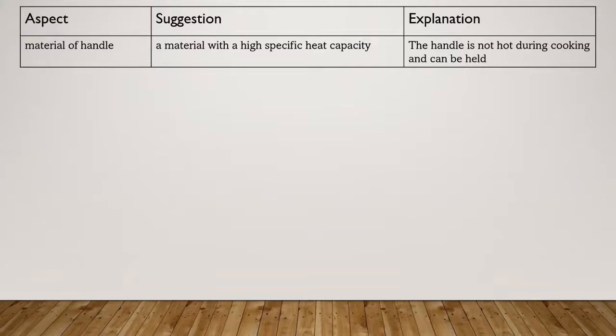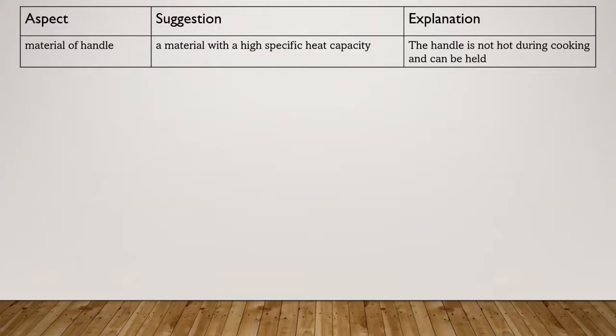Bahan yang diperbuat daripada muatan haba tentu yang tinggi. Explanation dia punya penerangan dia, the handle is not hot during cooking and can be held. Apabila memasak, pemegang tadi tidak akan terlalu panas, dan kamu boleh memegang dia punya handle. Handle tu pemegang periuk tadi tu. Kalau panas kamu tak dapat pegang. Okay.